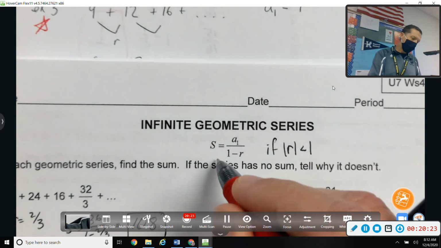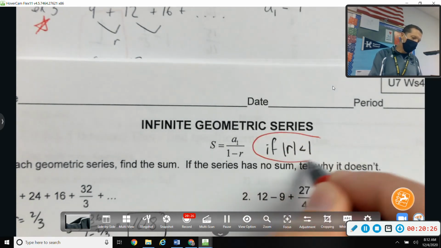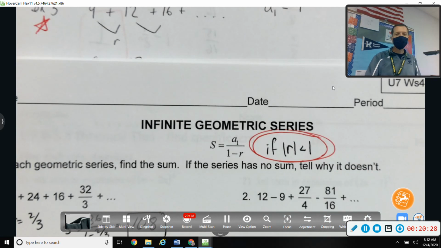I give you the formula, but the formula is not really complete unless you include the idea that r has to be less than 1. So I'd put that at the top. Otherwise, you're just going to use the formula and you're going to mess something up because they don't all work. In fact, I would say that 2 of them do not work.